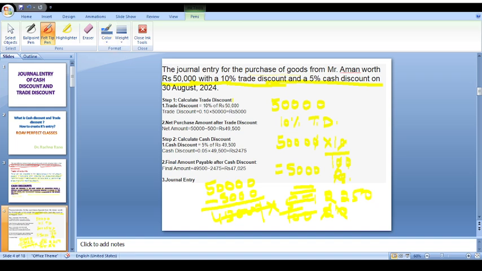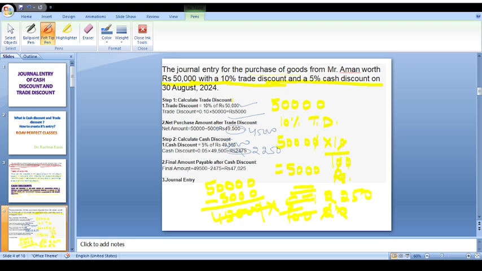Here you calculate trade discount: 10% of 50,000 equals 5,000. After subtracting, 50,000 minus 5,000 equals 45,000, and 45,000's 5% equals 2,250.